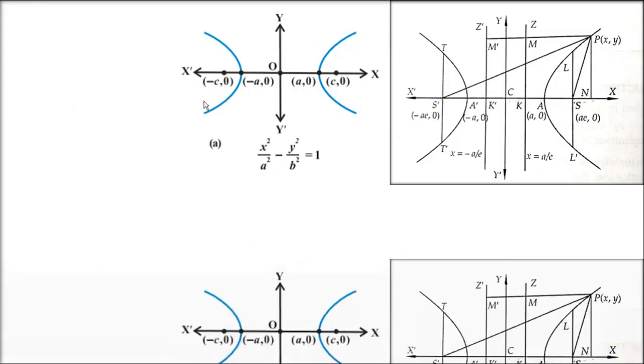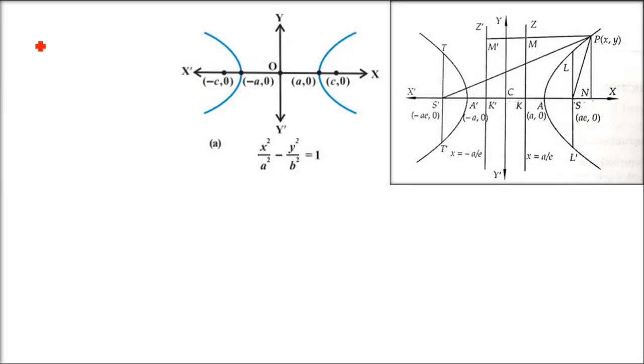Eccentricity. How do we find the eccentricity of the hyperbola? Eccentricity is represented by E. See, this equation is in front of you: X square by A square minus Y square by B square equals 1. When I derived this equation, I told you B square equals A square times E square minus 1, if you remember.